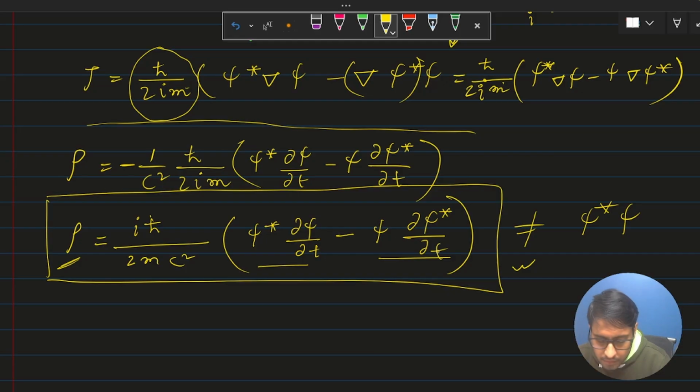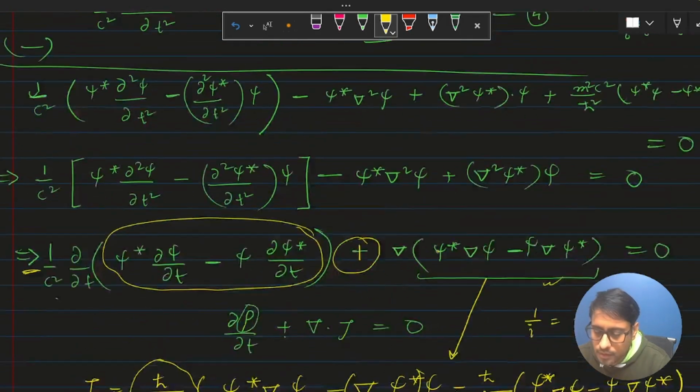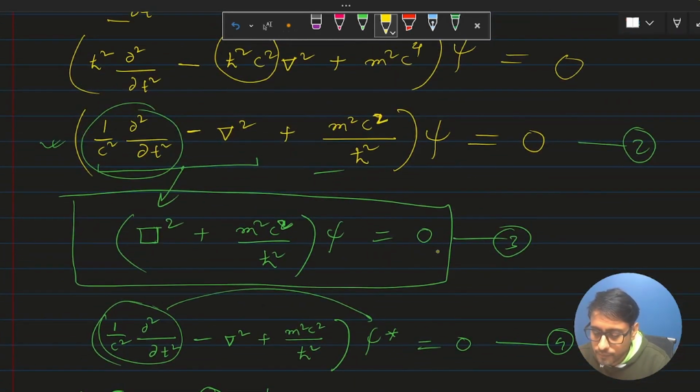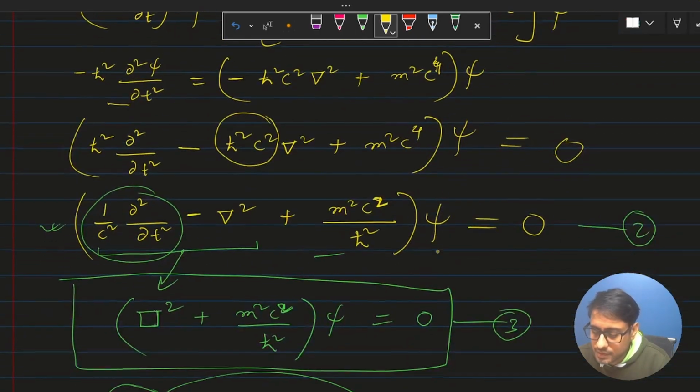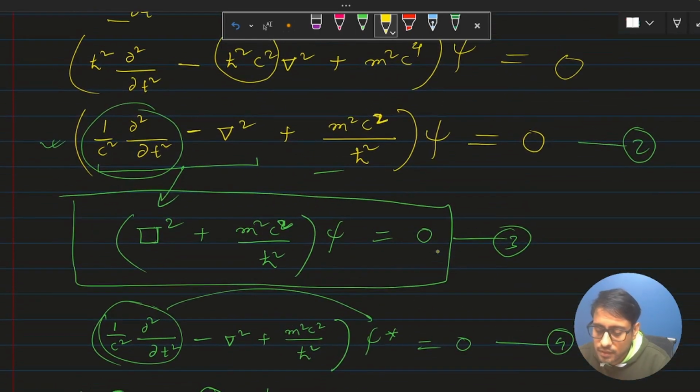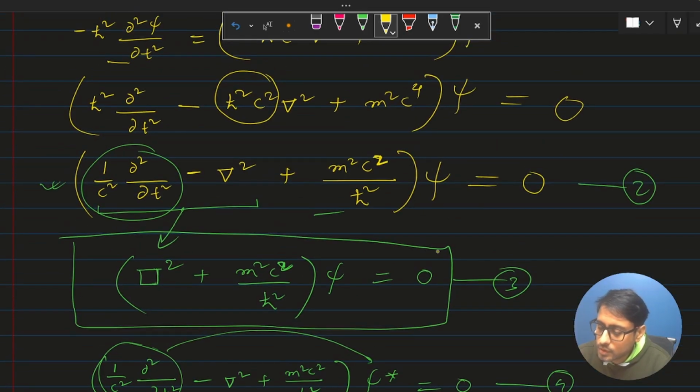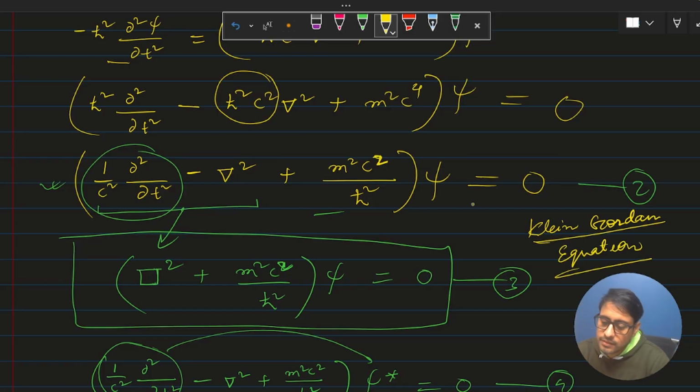Now one thing is missing. I should have stated previously that this equation, either equation number 2 or 3, or the conjugate equation, is called the Klein-Gordon equation.